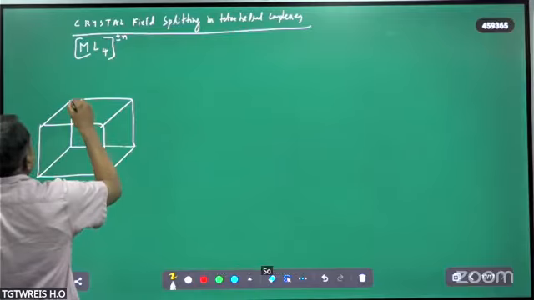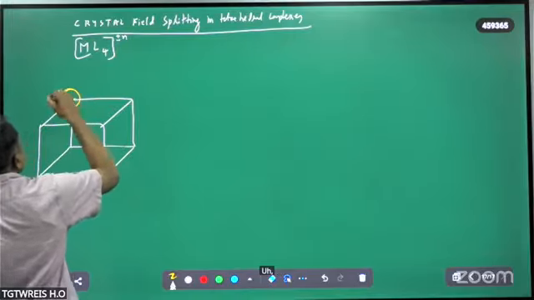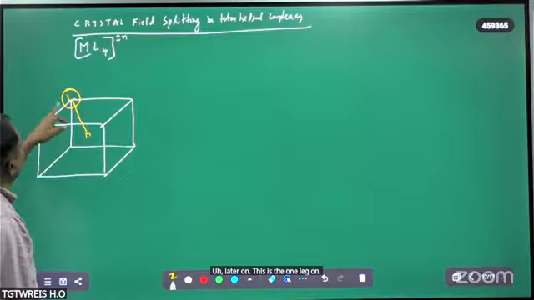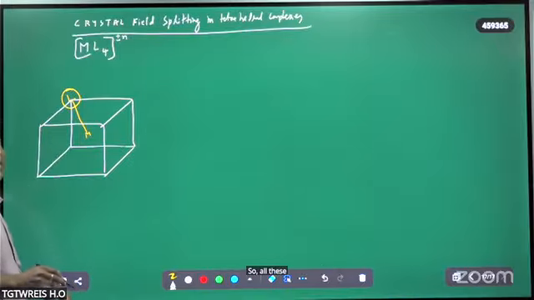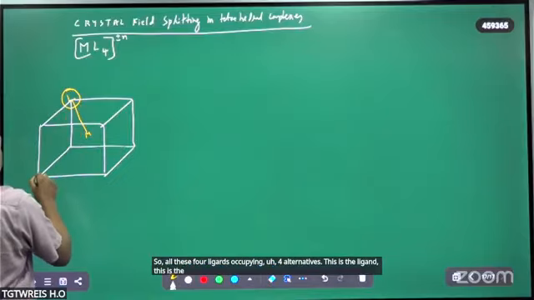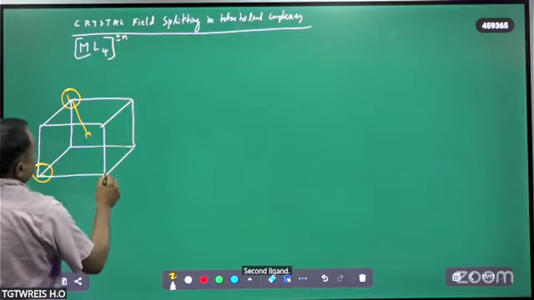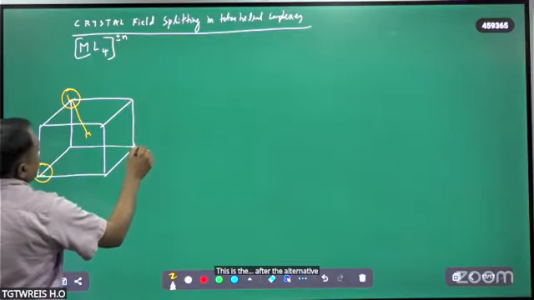This is one ligand. All these 4 ligands occupy 4 alternative positions. This is the ligand, this is the alternative position. This is another ligand, the second ligand, after the alternative order. This is the ligand.